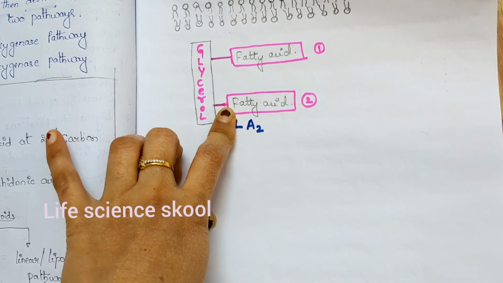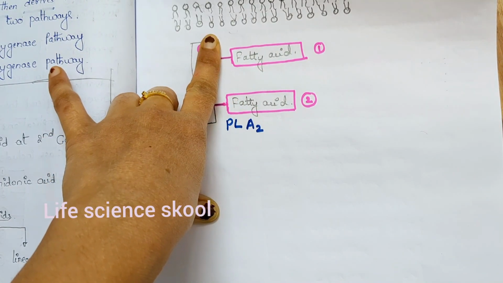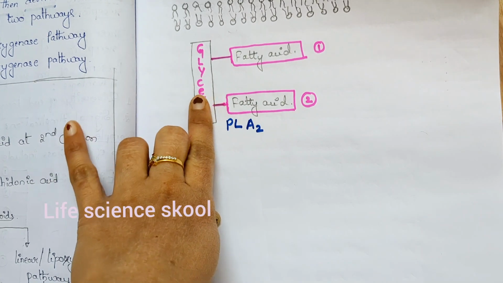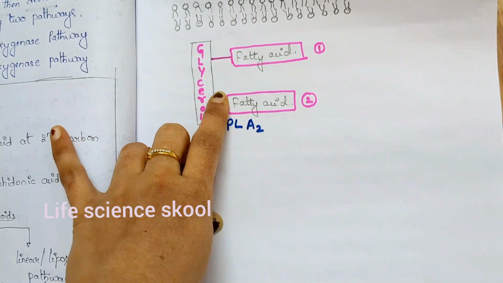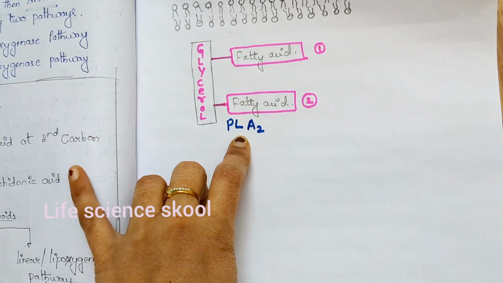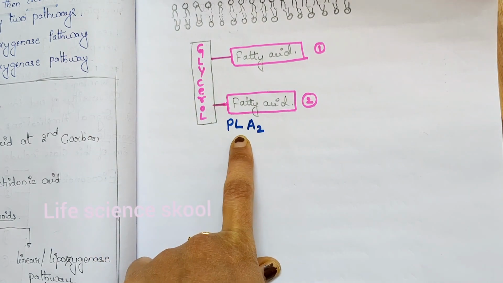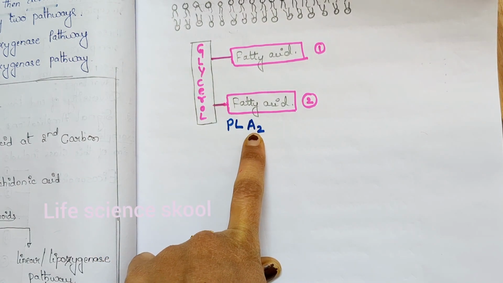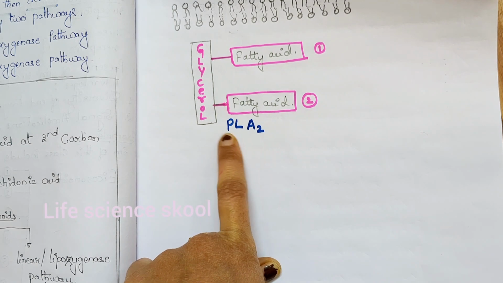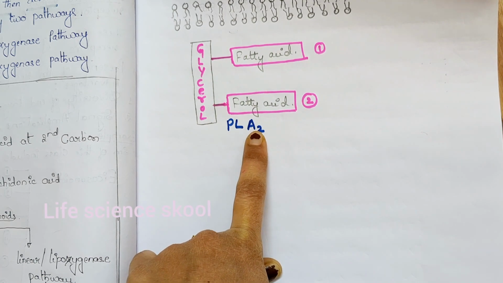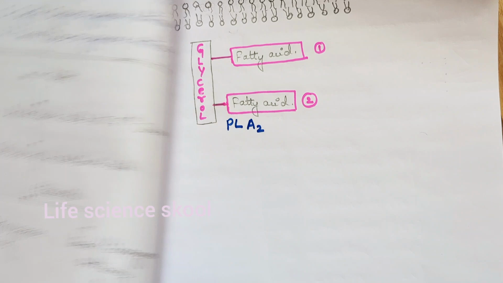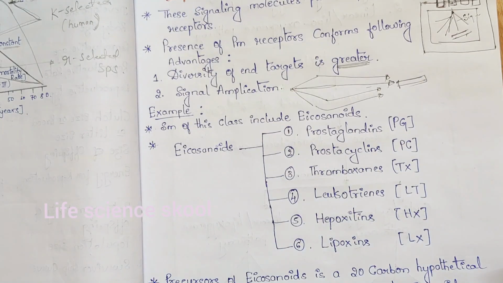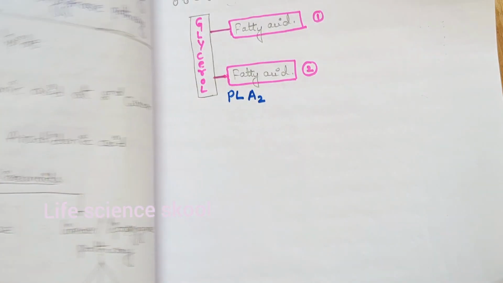For the second carbon, the arachidonic acid is attached, and it is cleaved by a very important enzyme, that is PLA2, phospholipase A2.